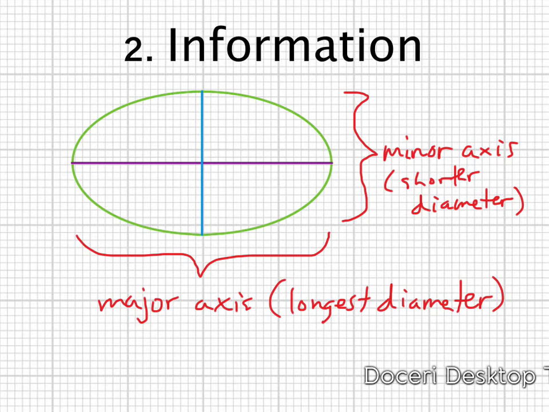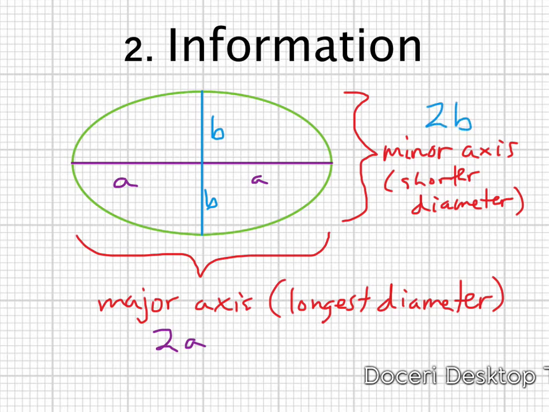Half of the major axis is what we use the letter A for. So each half is A, so the whole major axis is 2A. And for the minor axis, we use B. So each of those halves is B, so the minor axis is 2B.